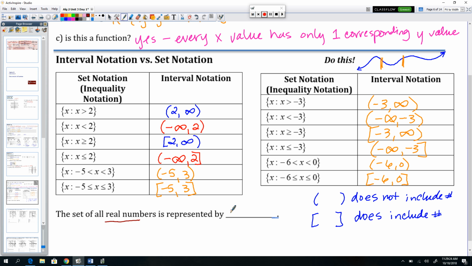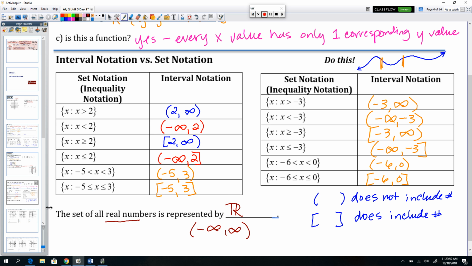In set notation, we had a fancy R to show that, all real numbers, everything in the whole wide world that we know about. For interval notation, we're going to say from -infinity to infinity. This thing lives left to right, -infinity to infinity. That's interval notation for all real numbers.